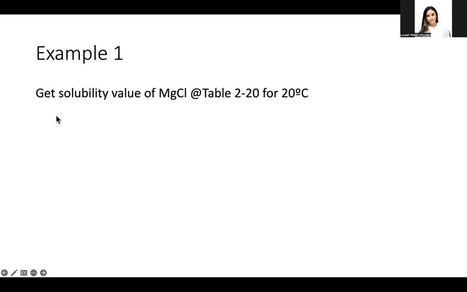So 54.5. Solubility is equal to the mass of solute over the mass of solvent.